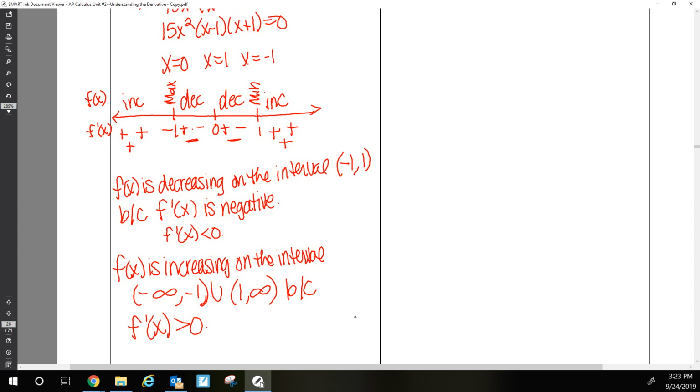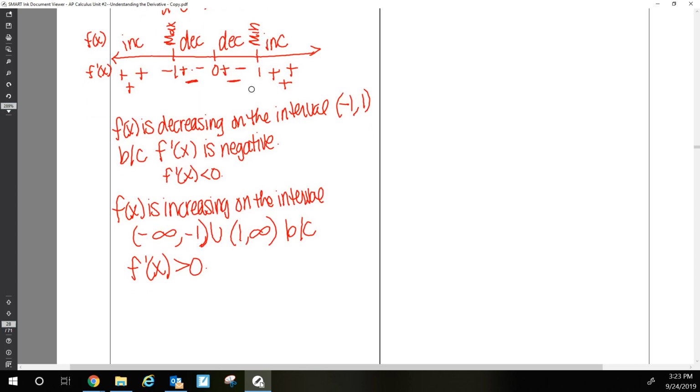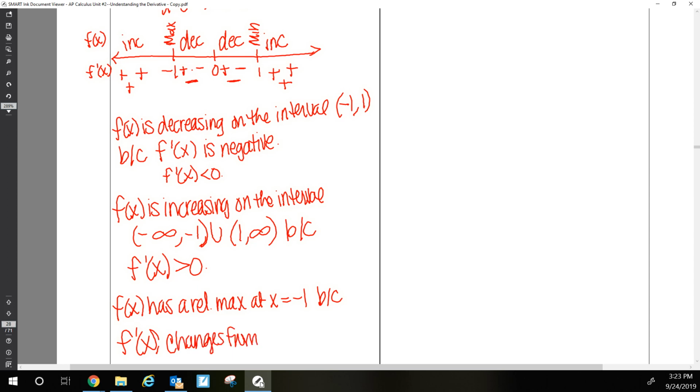All right, and then they want us to find maxes and mins, and we found them right here and right here. So f of x has a relative max at x equals -1. Why? Because f prime of x, more mathematically, changes from positive to negative at x equals -1.